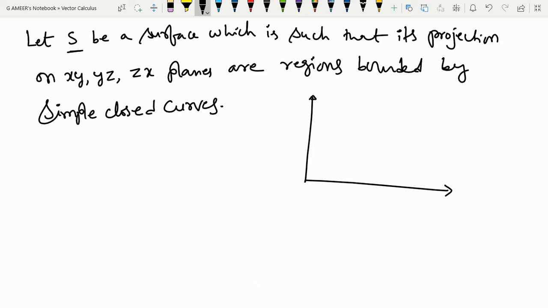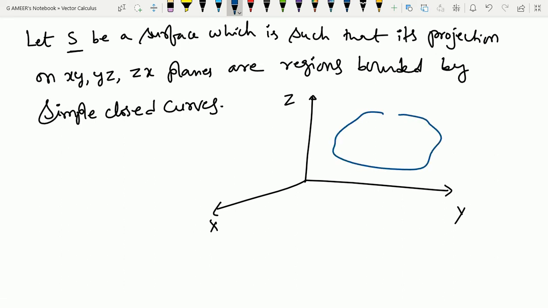You can think of it like this. This is the xy plane, and this is z. Let's say I have the curve like this.